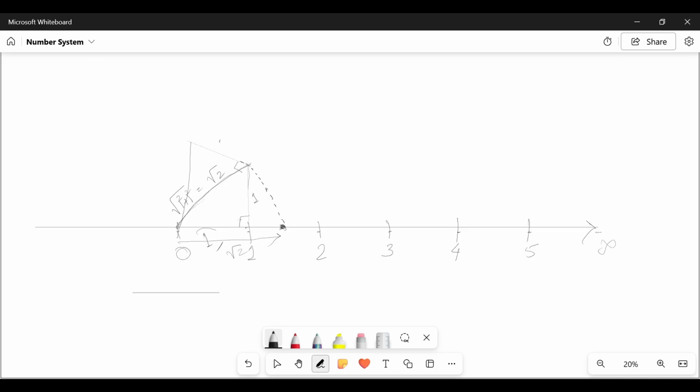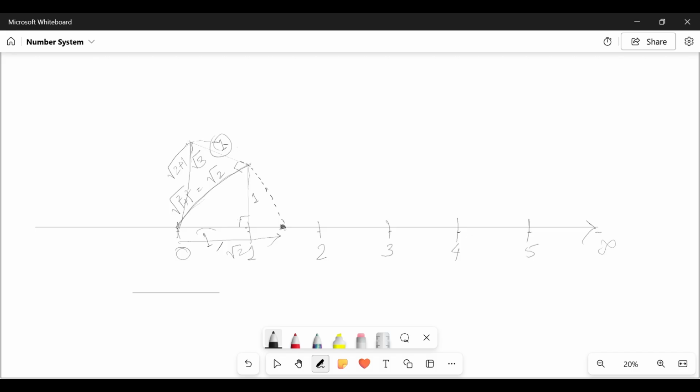So if this is 90 degree, this would be 1 unit for us, and this as a base is root 2. This entire length would be square root of a square plus b square, which is 2 plus 1, which should ideally be the length of root 3.